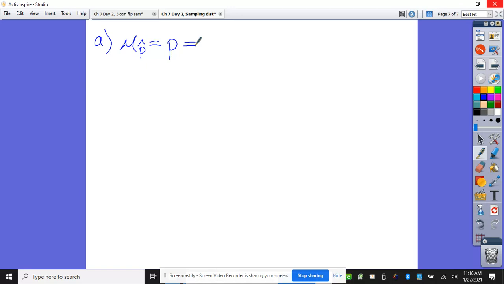It actually told us, suppose in fact 15% of all adults jog. Is that a parameter or a statistic? Parameter. This is kind of a weird problem. It says we took a sample and doesn't tell us what we got out of the sample, but it told us what the parameter was, which is kind of where we are in the notes right now. Now, what do I write for standard deviation?